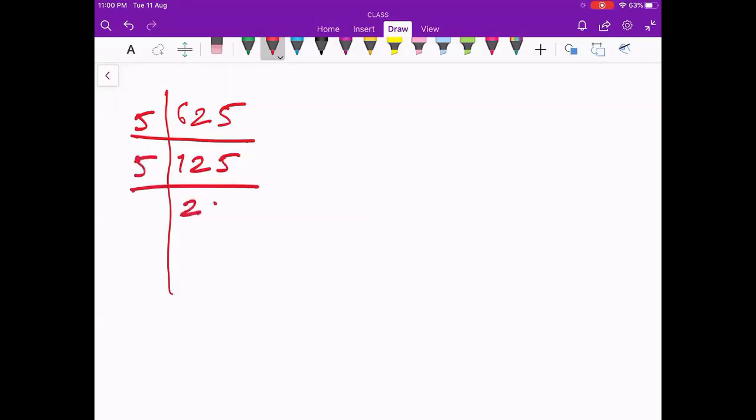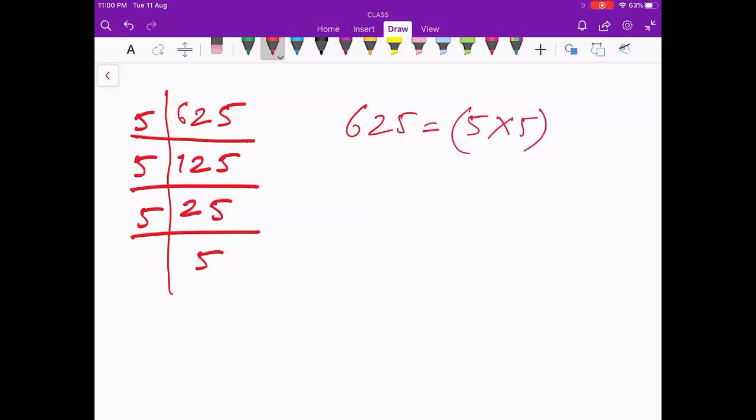You must be knowing that this is how we solve by the factorization method. So 625 will be equal to 5 into 5, this will be one pair, and then 5 into 5, the second pair.